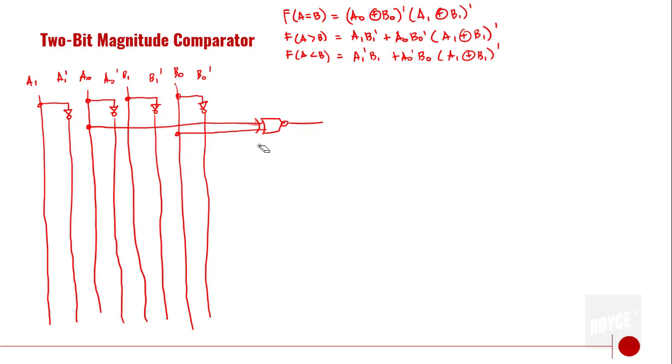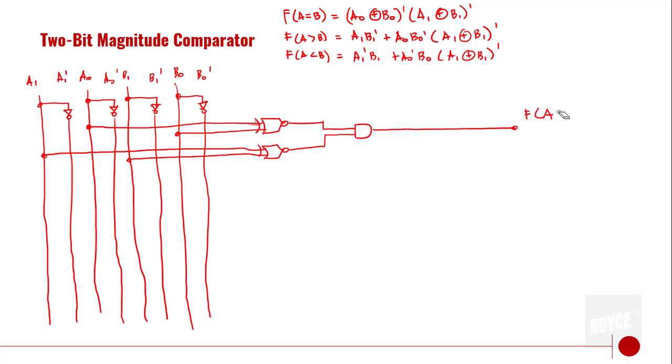And then the next XNOR, A1 tsaka B1 naman. And then naka-AND yung dalawa. Gawa lang tayo ng AND. Now we have our first output. This is f of A equal to B.